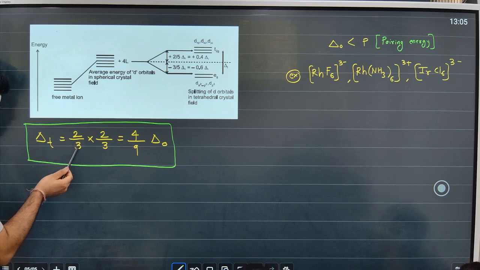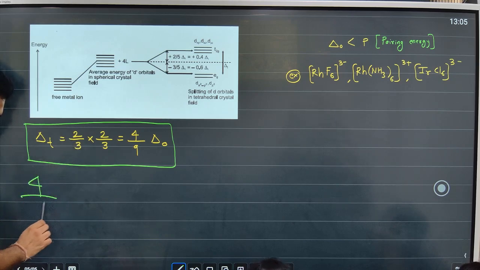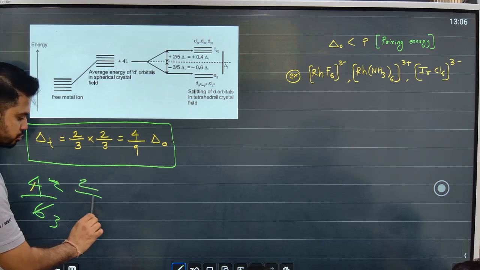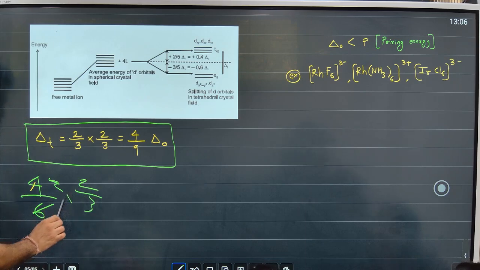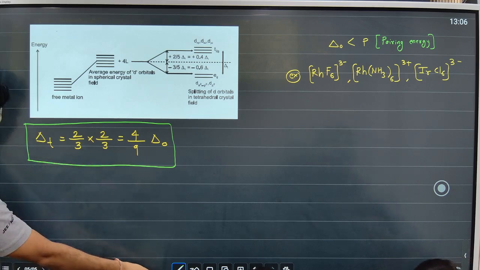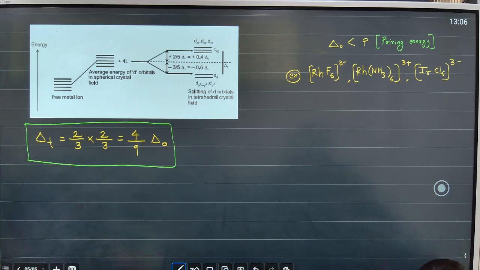Number of ligands compared is 4/6, so 2/3, and the field strength is also 2/3, so 2/3 times 2/3. Done. Next point.